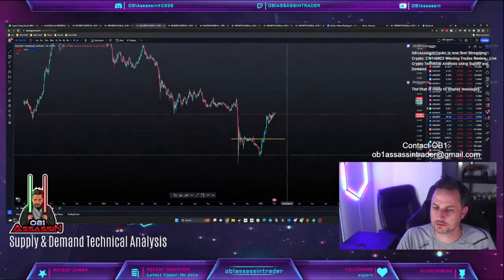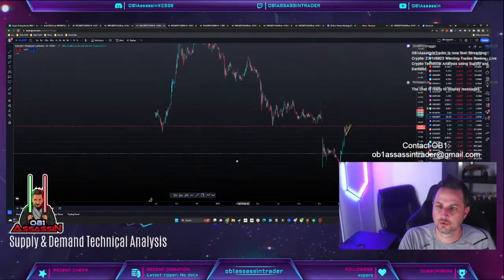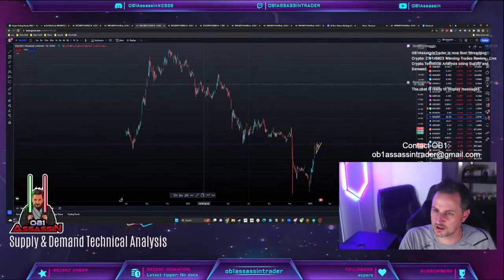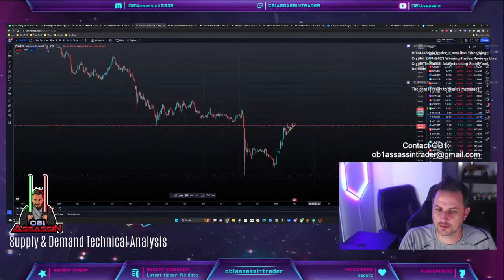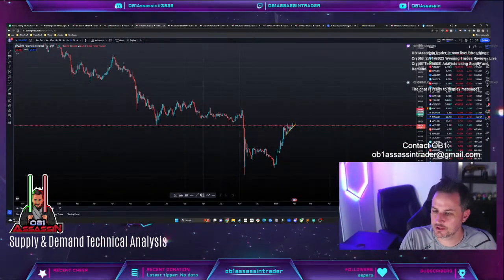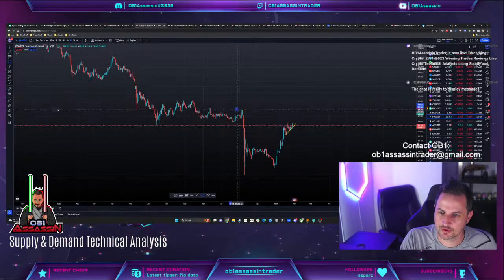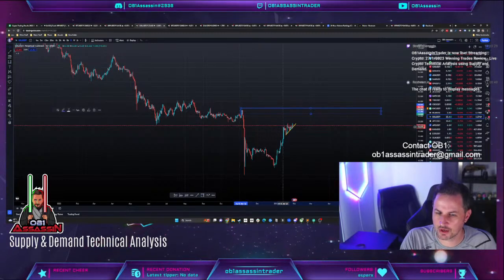On the weekly level, I can get rid of that now. SOL has certainly taken a hammering on the weekly level. Yikes. But what's interesting is in terms of dailies, we have this daily order block sitting here. That's going to get tested for sure. Look at this, we're edging our way towards it.